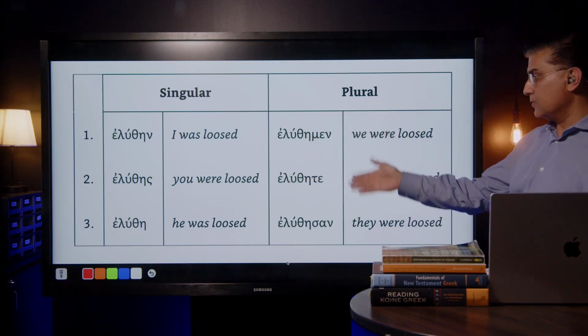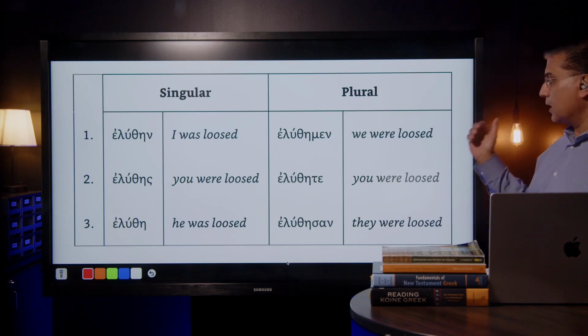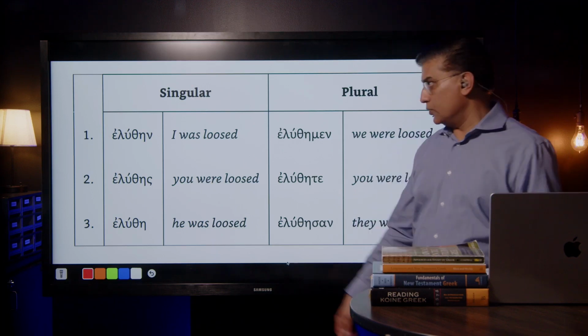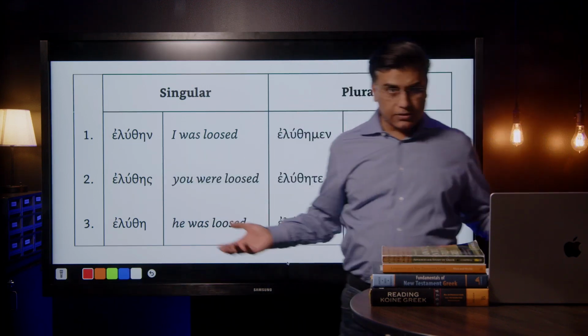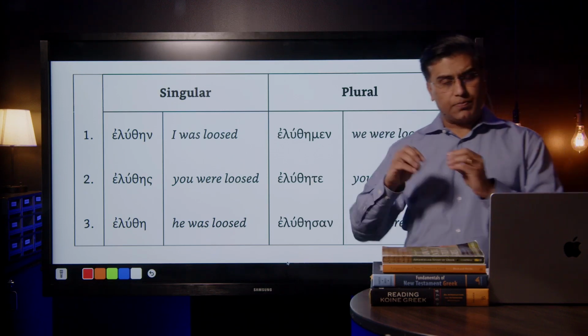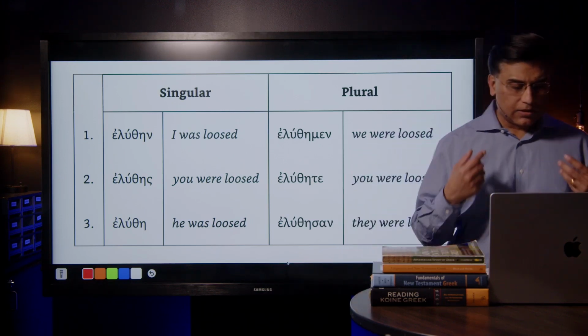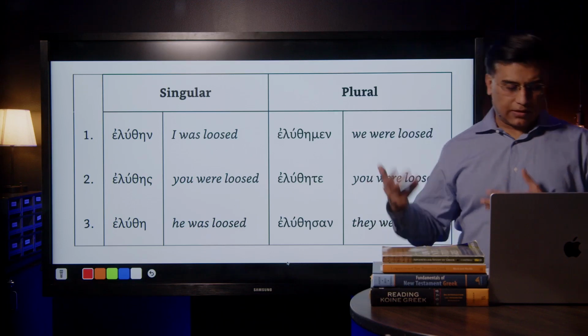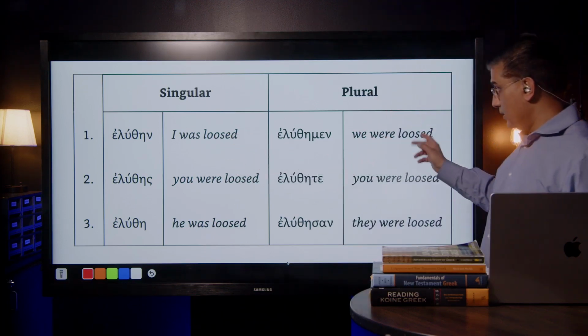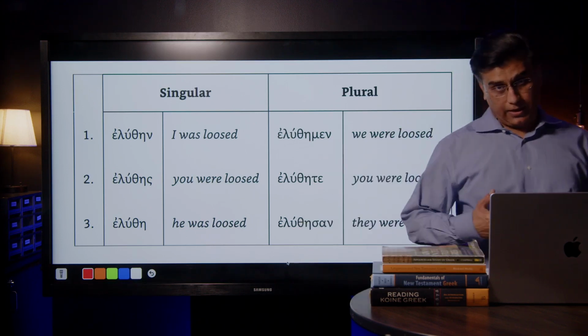Eluthen, eluthes, eluthe, eluthemen, eluthete, eluthesan. Now, since it's aorist, we know there's the E augment, the prefix. And then, because it is based on the aorist passive stem, there is the then, thes, the, themen, thete, thesan. So this is why it is done that way with the theta.